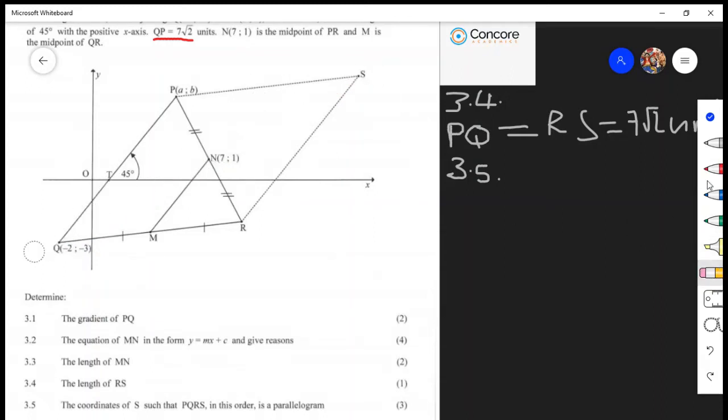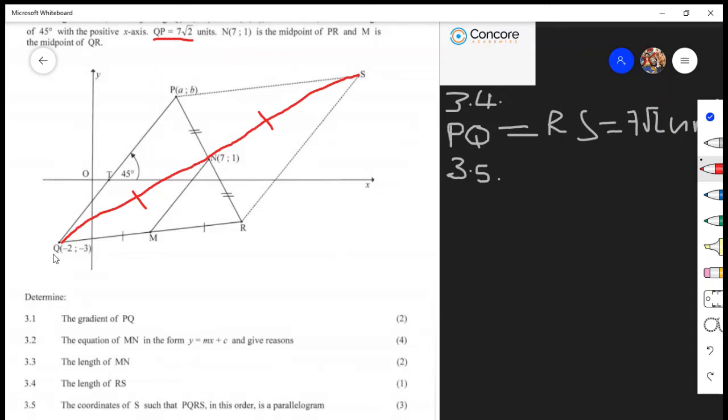So we've got line S, N, and Q, and line SN is equal to line NQ, which means that point N is the midpoint of QS. And I think they gave us that in the top paragraph, that N is the midpoint of QS.